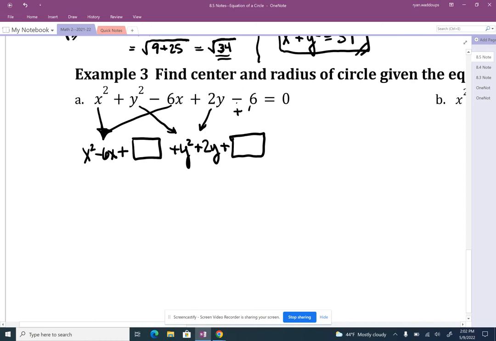I'm going to go ahead and add that 6 onto both sides. So when I do that, that cancels the 6 and leaves 6 over here on the right.